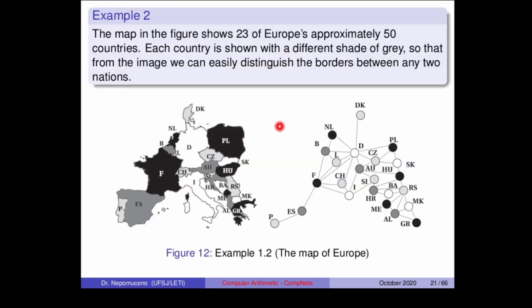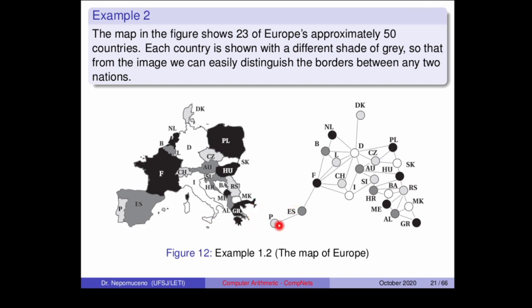In example 2, the map in the figure shows 23 of Europe's approximately 50 countries. Each country is shown with a different shade of gray, so that from the image you can easily distinguish the borders between any two nations. Here you can see, for example, that Portugal only has borders with Spain.